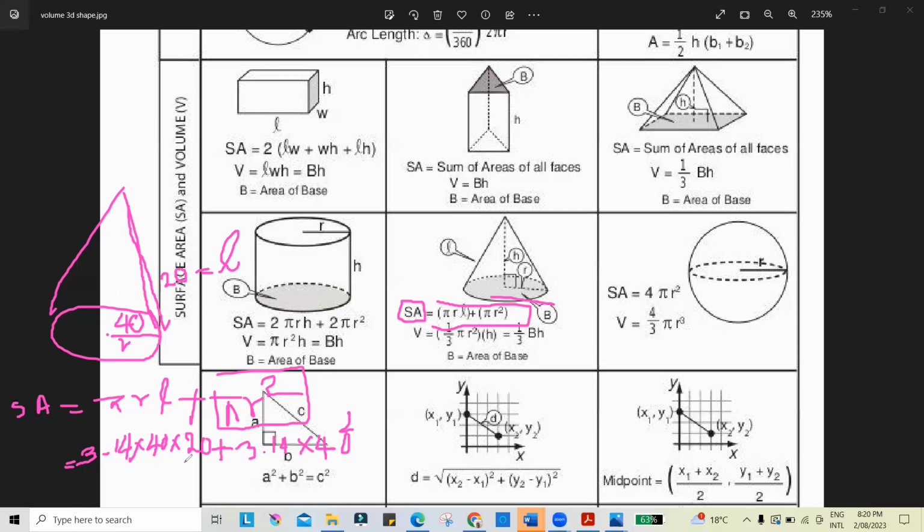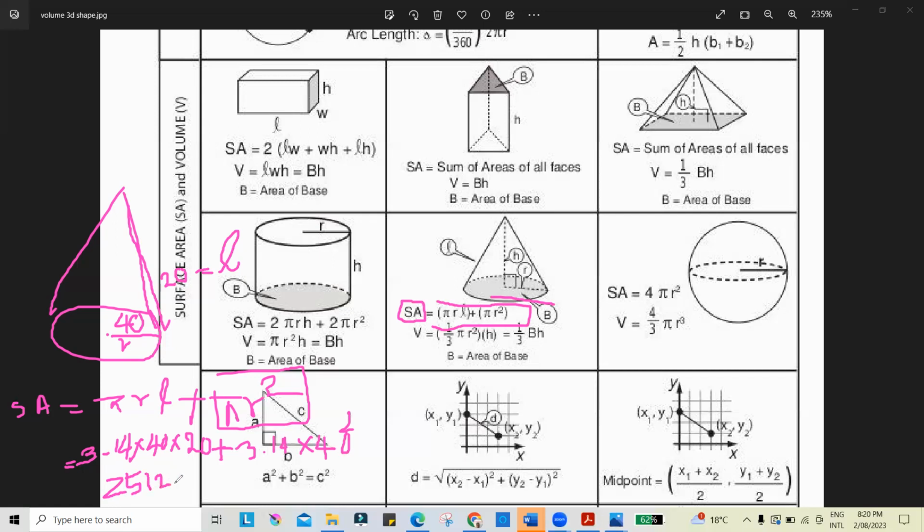Then first part, this part, 3.14 times, so 3.14 times 1,600, right? That is this part. The whole part, that part. That will be 2,512.